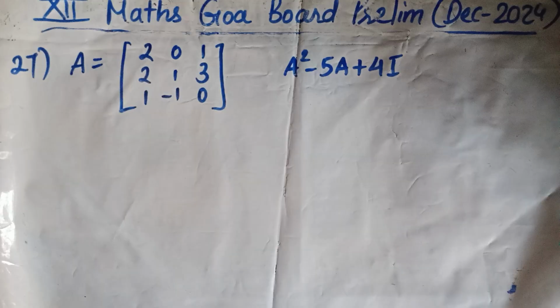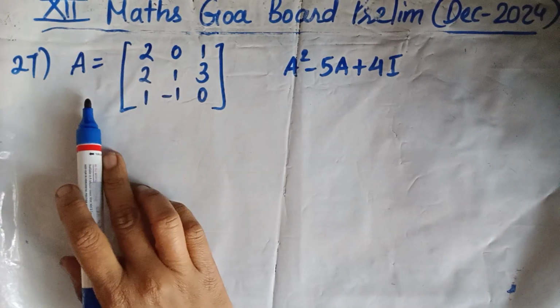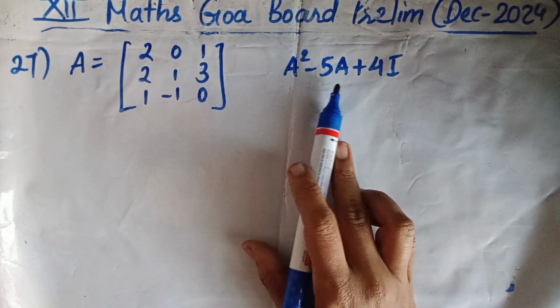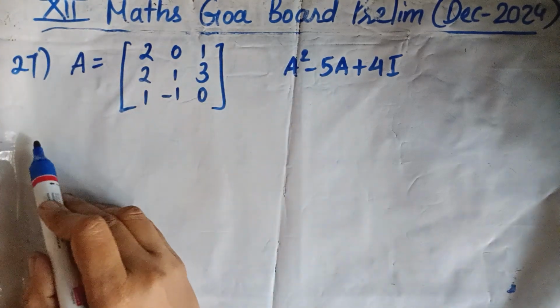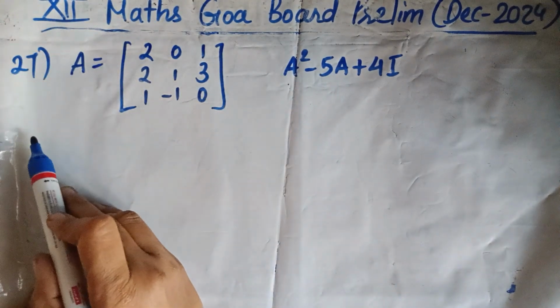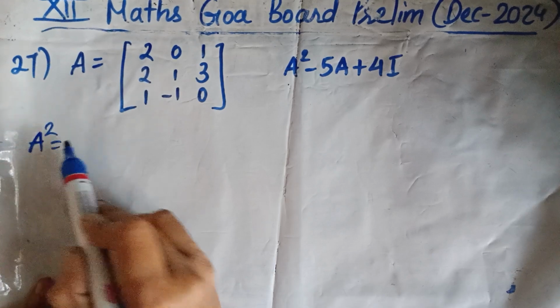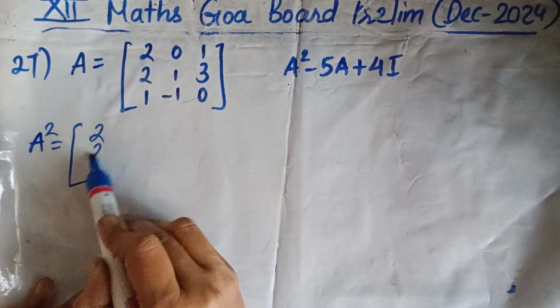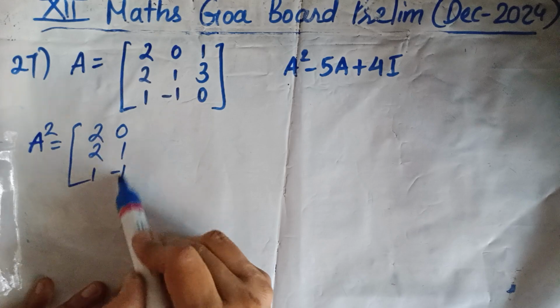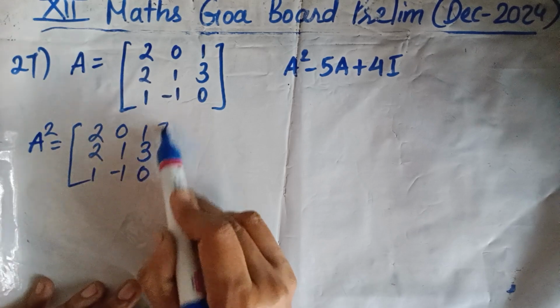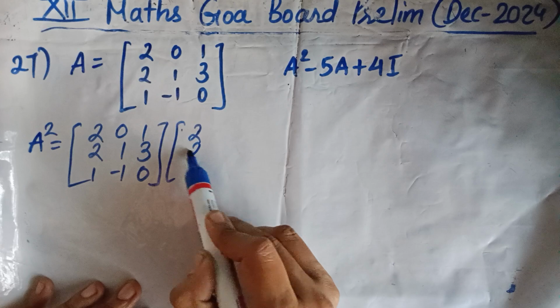Next question, a is given. You have to find the value of this. So a square you have to find separately. A square is a into a, right? Multiply both the matrices.